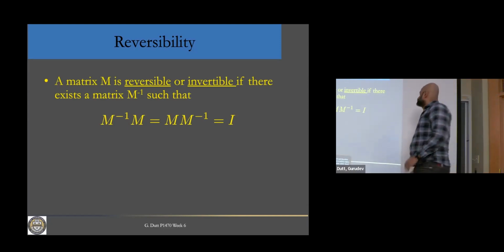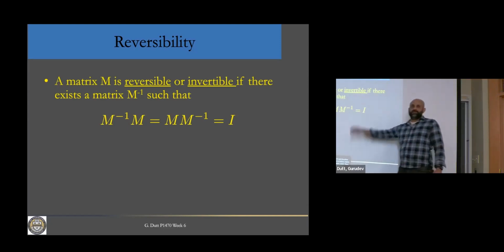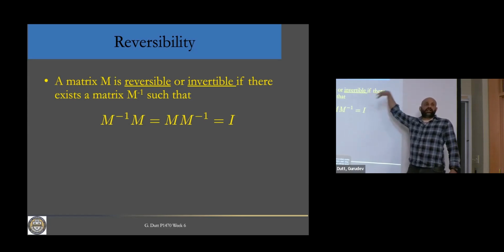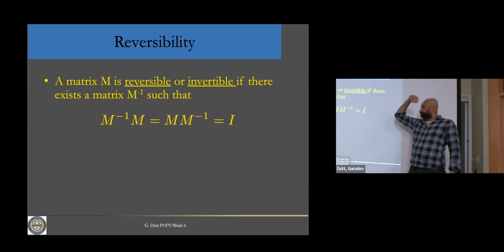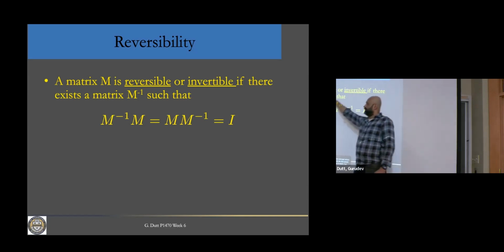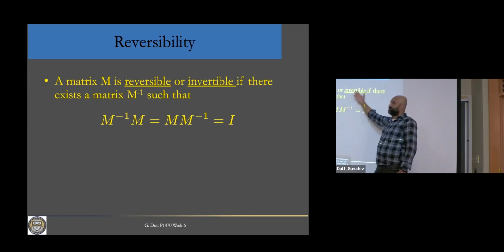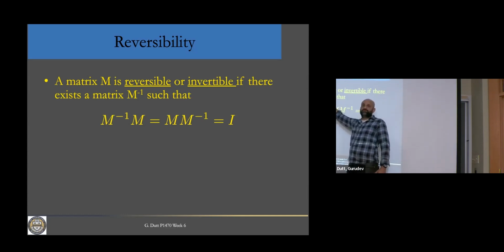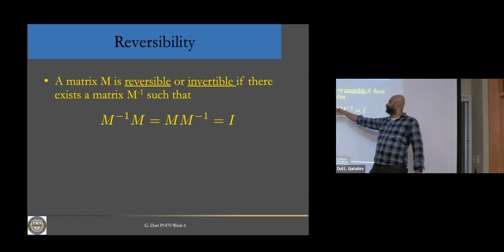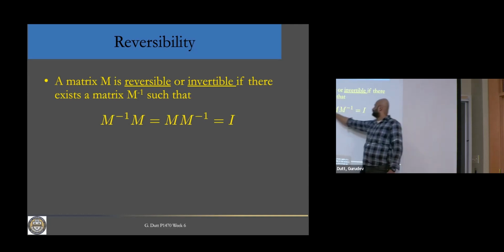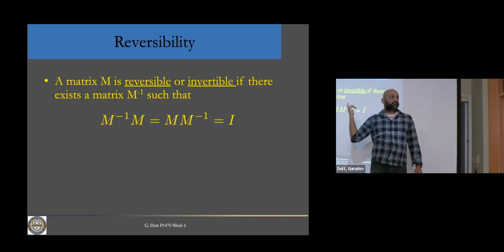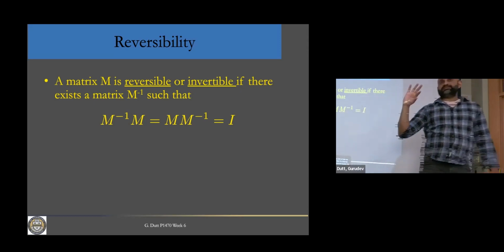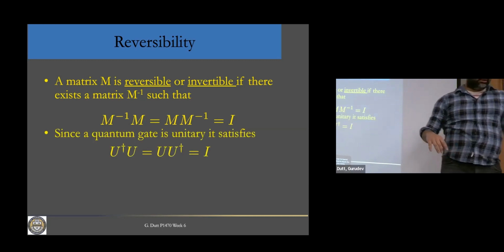Now we'll also introduce another concept, which is quite familiar because we discussed the classical version of this back in week 2 or so. We say that a gate or a matrix M is reversible, or invertible, if there exists a matrix M inverse, M to the minus 1, such that M inverse times M equals M times M inverse equals the identity matrix. Hopefully this makes sense. It's kind of intuitive.